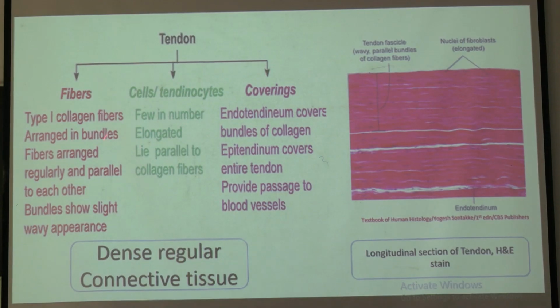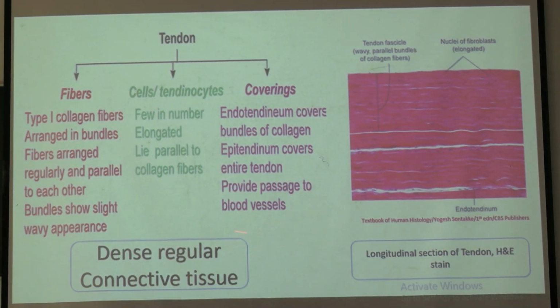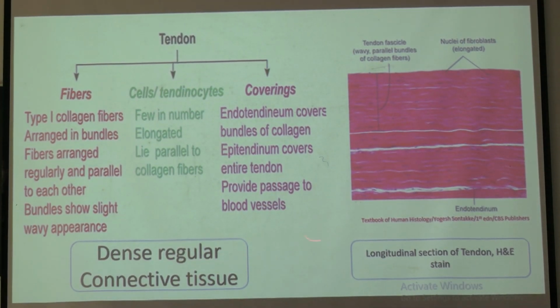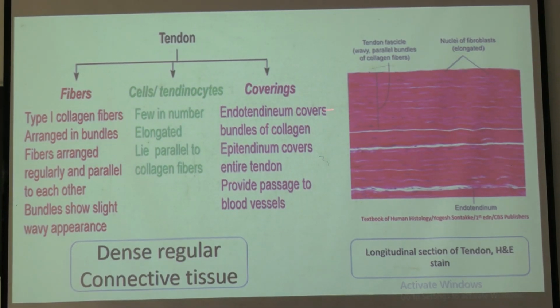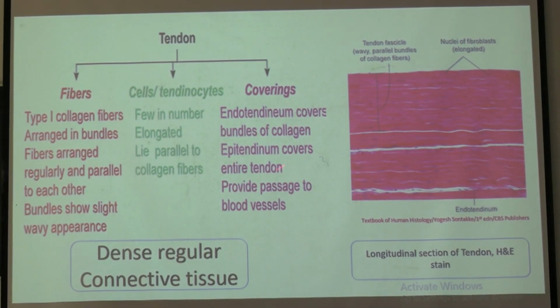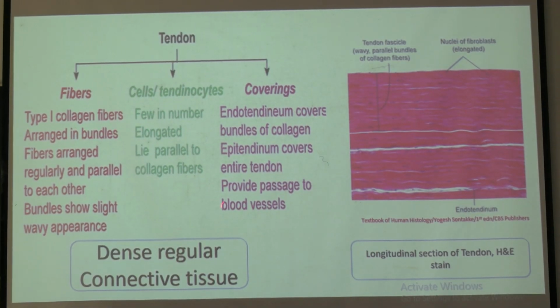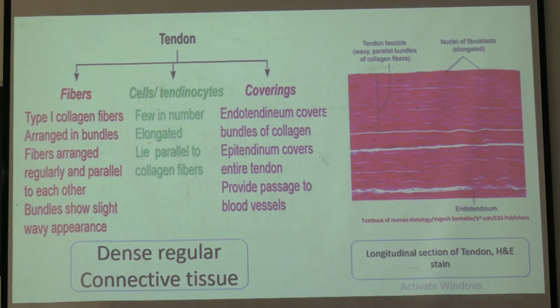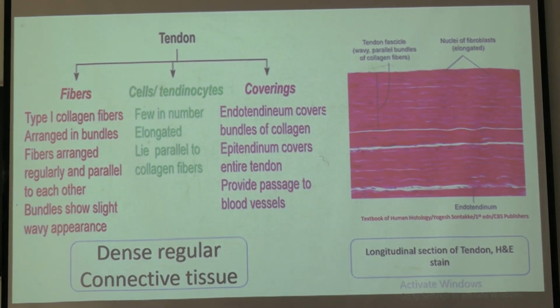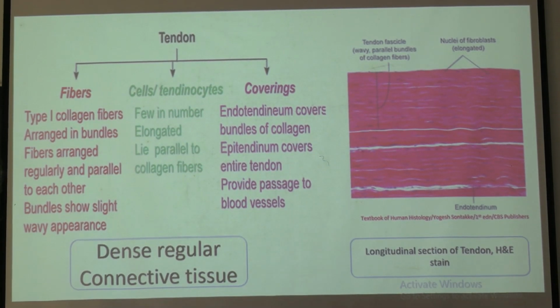They are elongated and lie parallel to the collagen fibers. Next, there are coverings. The endotendinium covers bundles of collagen fibers, and the epitendinium covers the entire tendon. These coverings give passage to the blood vessels supplying the tendon.